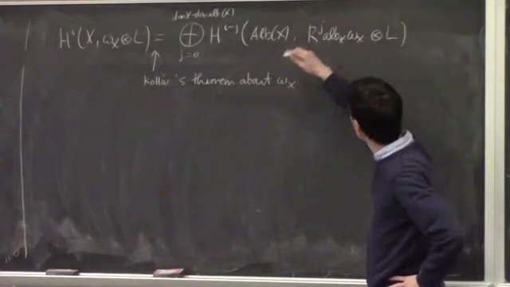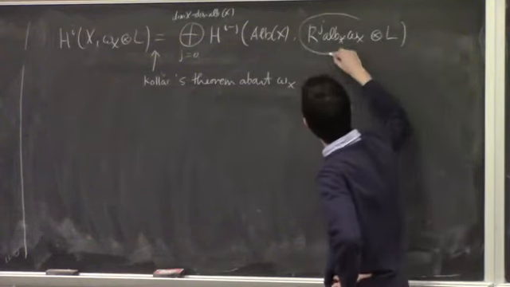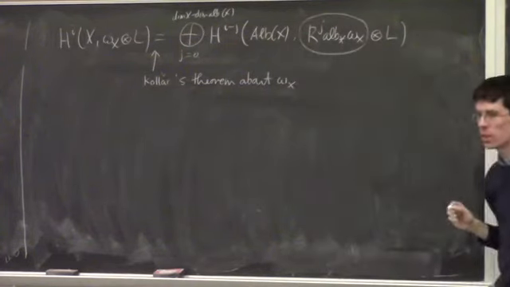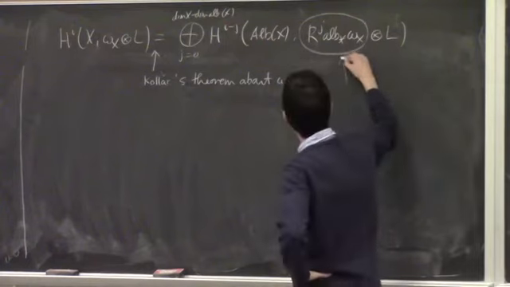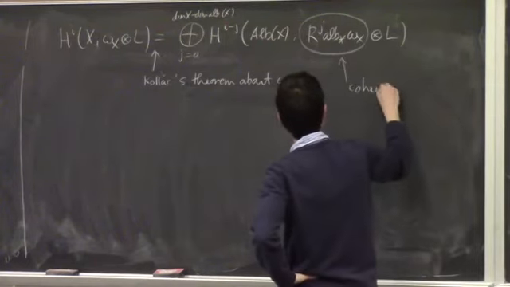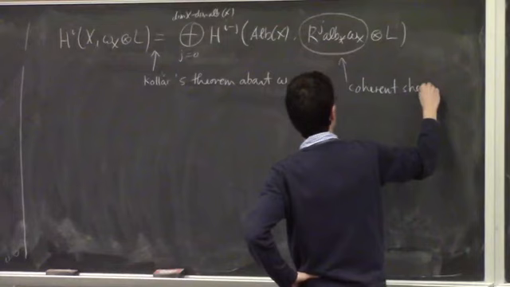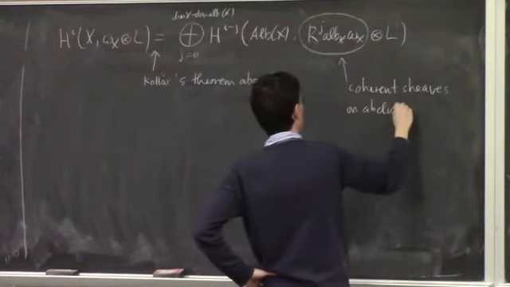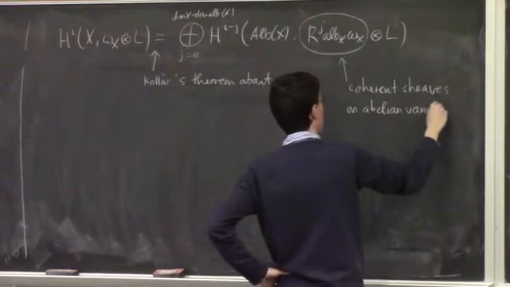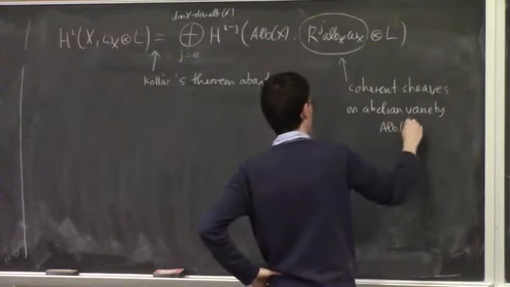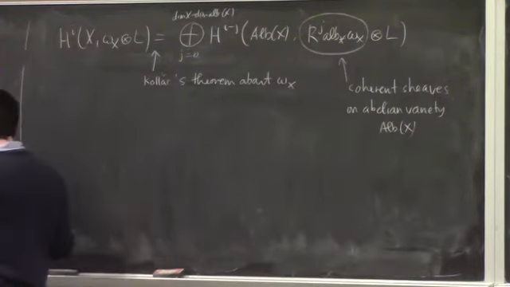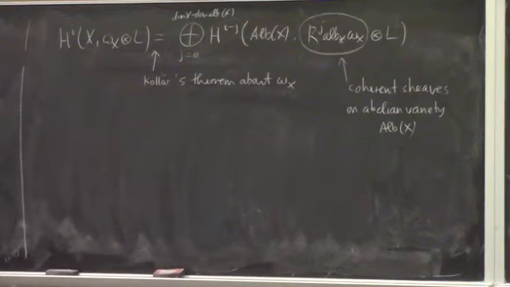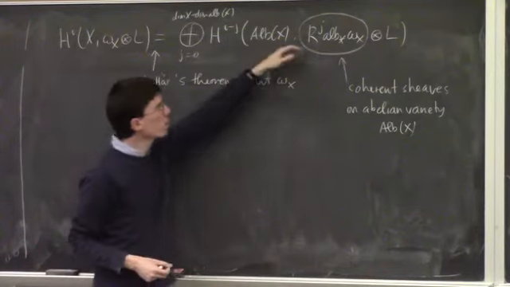So what this does is it puts some emphasis on these sheaves here. These are certain coherent sheaves on the abelian variety. And what one can do is reformulate all the theorems that we and Lazarsfeld proved in terms of these sheaves.